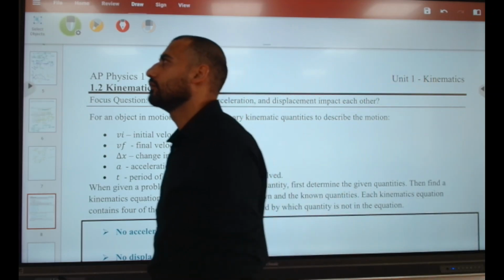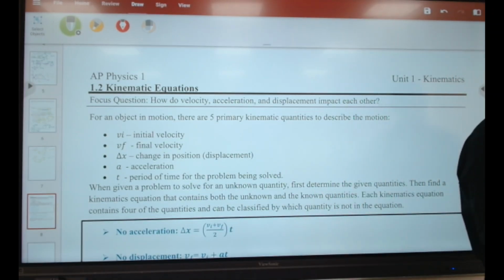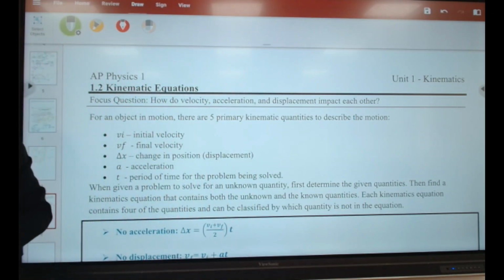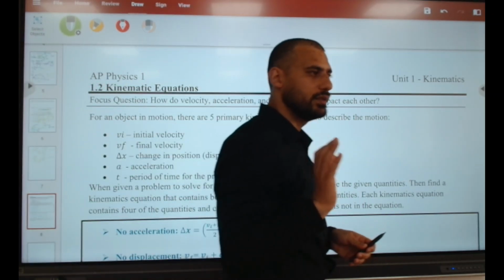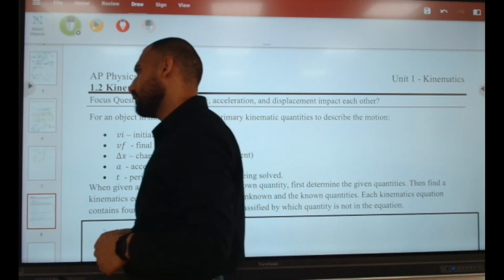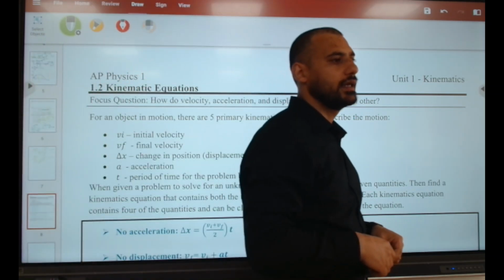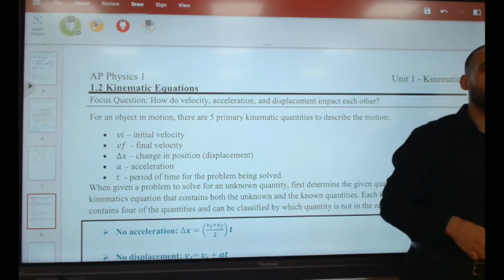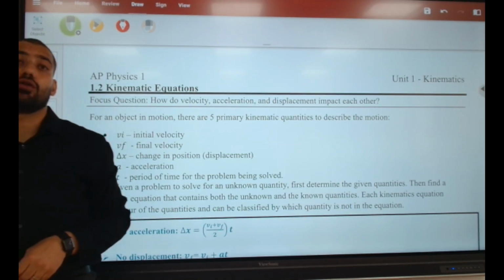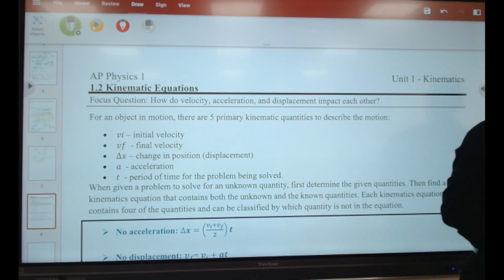But if the velocity of the body is 0, there is a possibility that the acceleration of the body will be non-zero.